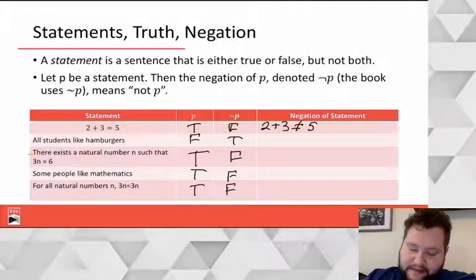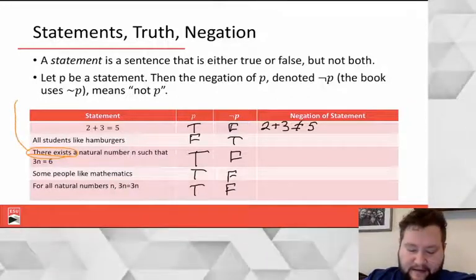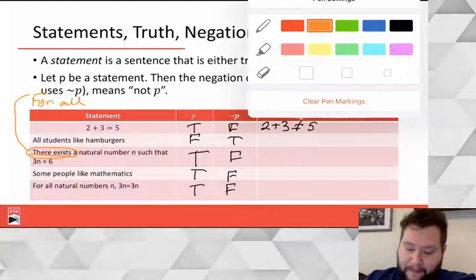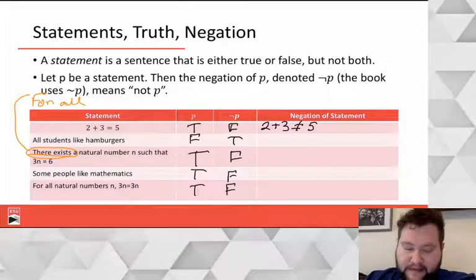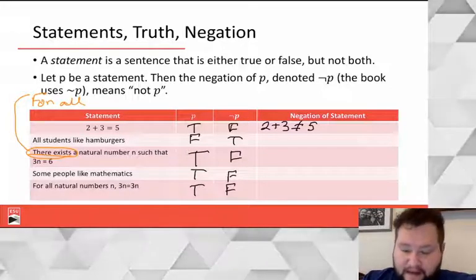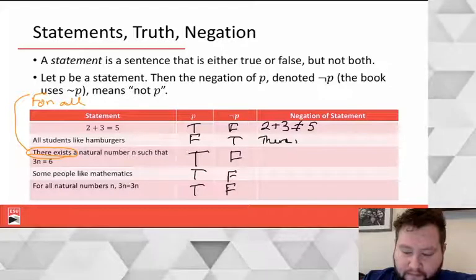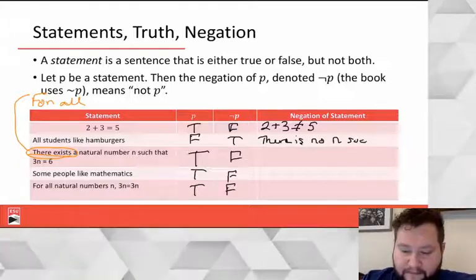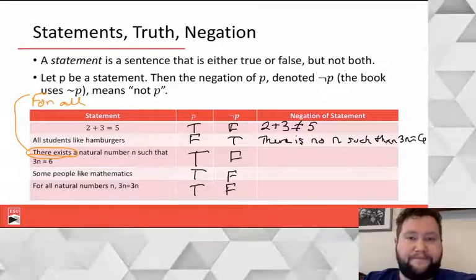There exists, the negation of there exists is for all, or for none. So, there exists a natural number n such that 3n equals 6. We could say there is no natural number n such that 3n equals 6.